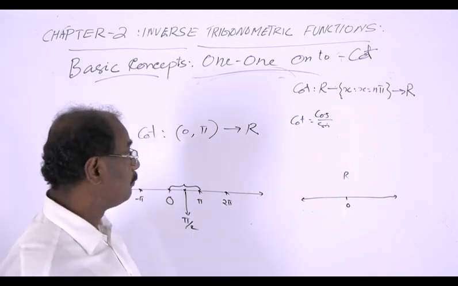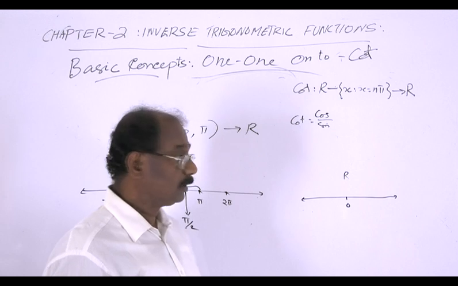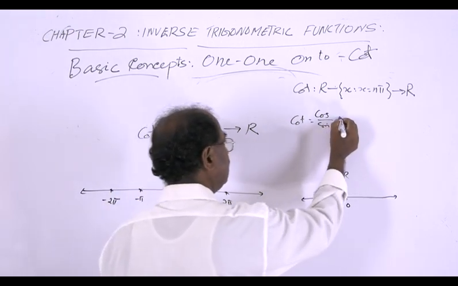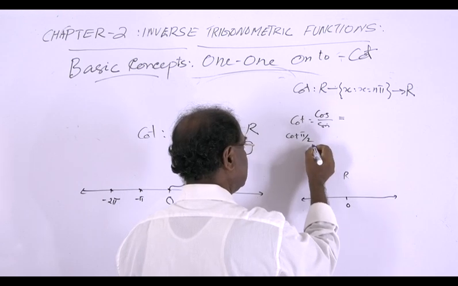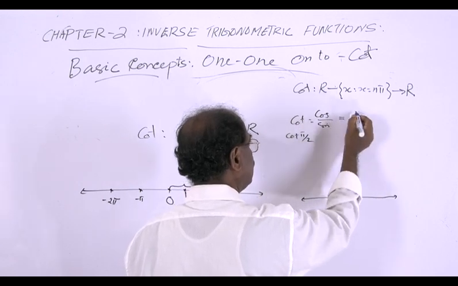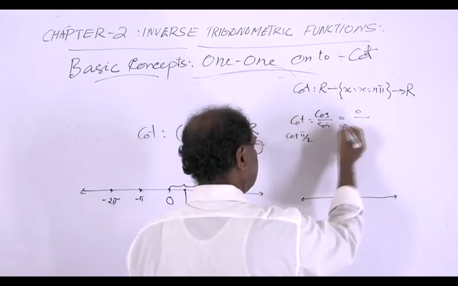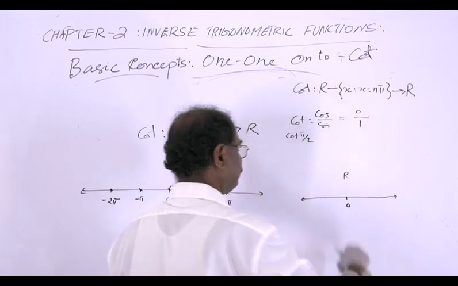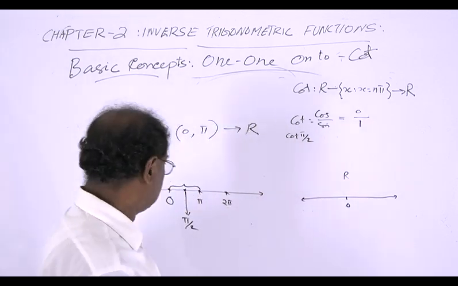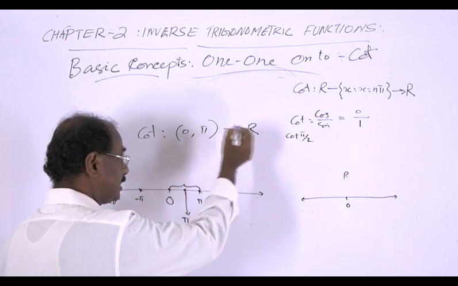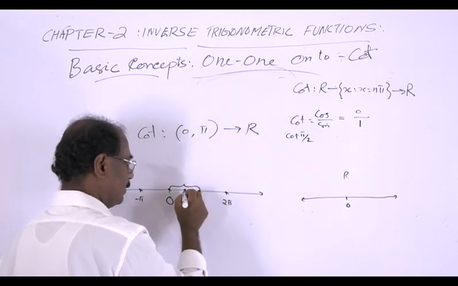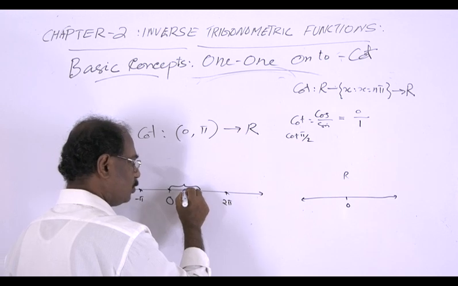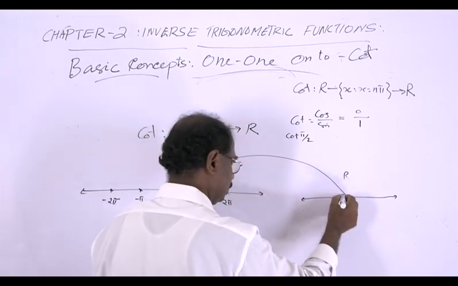Now consider cot π by 2, which is equal to cos π by 2, which is 0, divided by sin π by 2, which is 1. And therefore, under this mapping, π by 2 is mapped to 0.